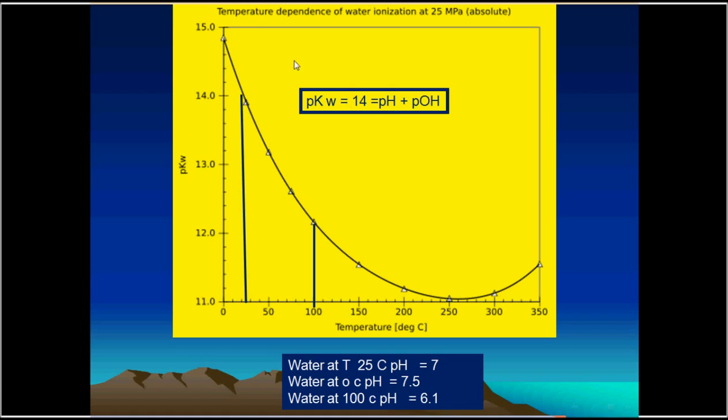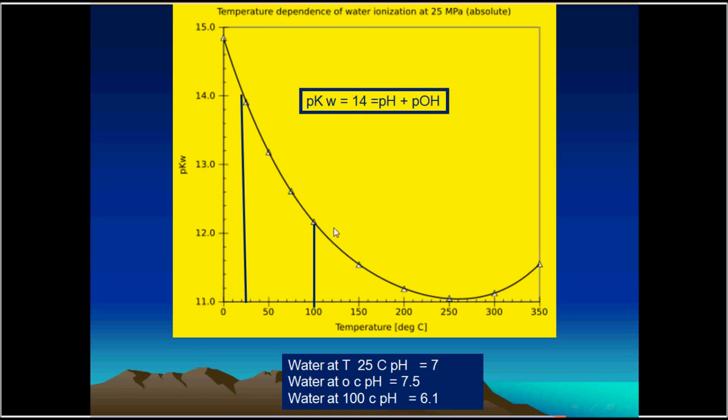Concomitantly, the hydroxyl group will decrease, and if you add the two together, the summation will be 14. That's why we call it the dissociation constant. It is constant at that temperature whatever you add, hydrogen or hydroxyl group. Finally, if hydrogen has been added, the hydroxyl group will decrease and the two will be 14.